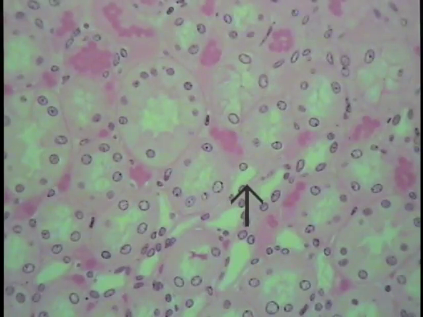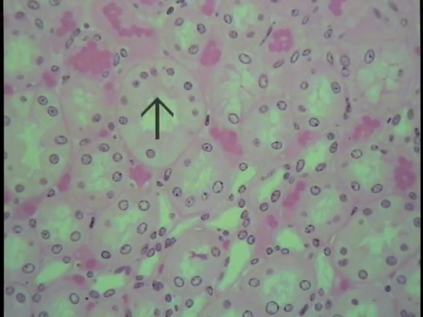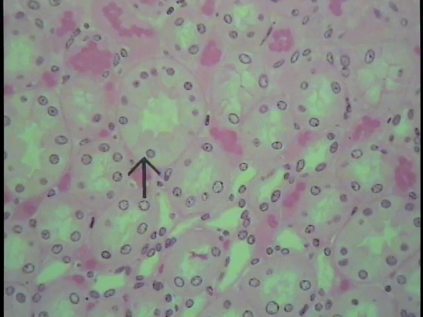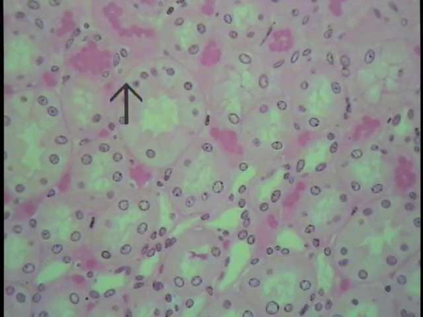This larger tubule, as I move the field just slightly, perhaps gives a better profile of what a true simple columnar looks like. You can see the height is much greater than the width, and the nucleus usually occupies a more basal position.